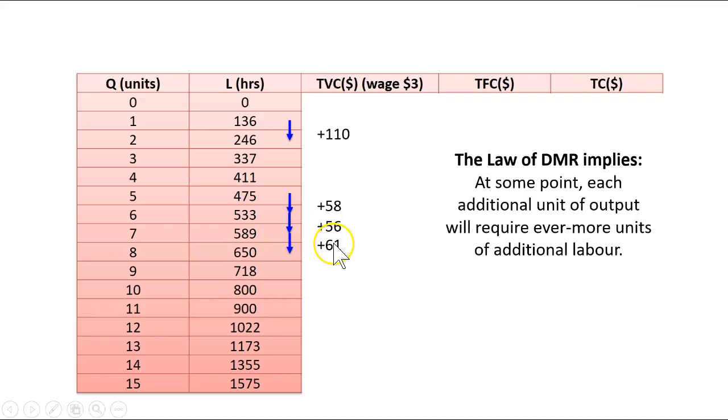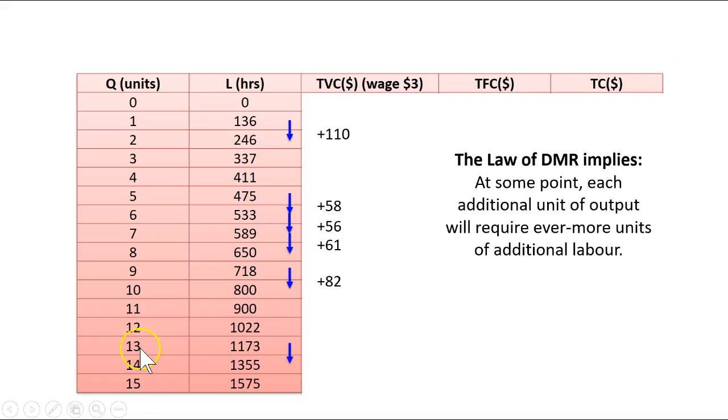Okay, from this point on, we can see there's going to be a pattern. We're going to see the law in operation. To go from the 9th to the 10th unit of output, that is, to produce the 10th unit of output, we'll need an additional 82 hours of labour.